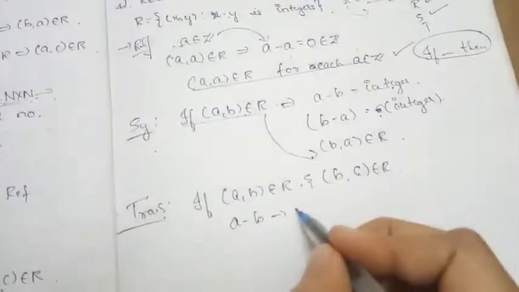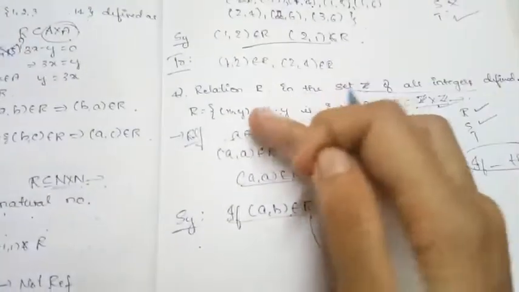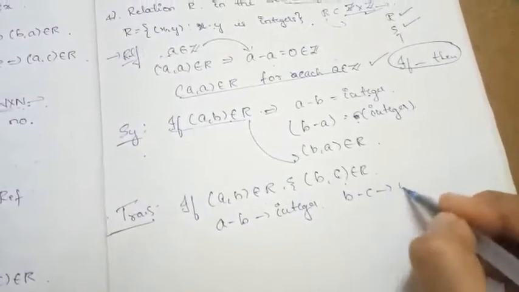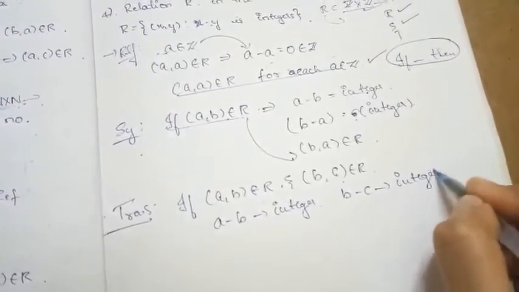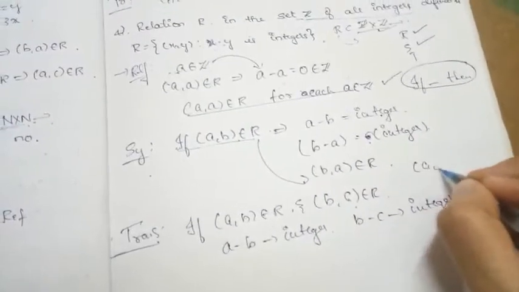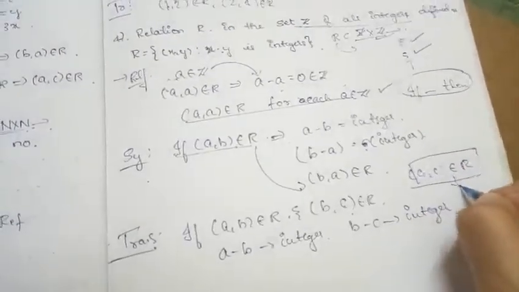So a minus b is an integer. (b, c) belongs to R implies b minus c is an integer. Now we need to check whether (a, c) belongs to R.